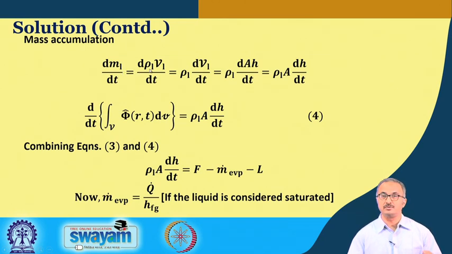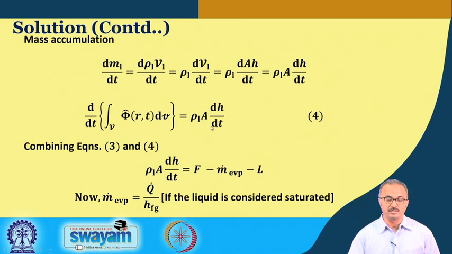Within this control volume, this is the change in the mass of the system. This is again written in terms of density and the volume of the liquid, and this volume is replaced by the product of the height of the liquid and the area of cross section. This area of cross section is taken out of the differential. So, we get dH by dt into rho L into A.